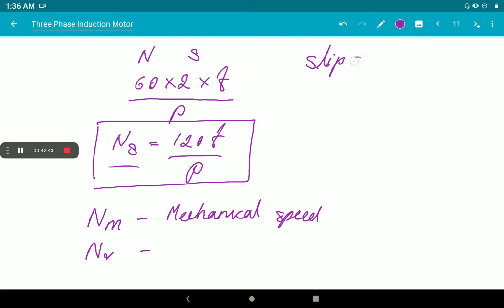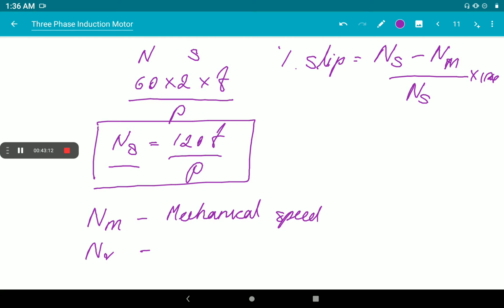That is represented as Ns minus Nm or Nr, divided by the synchronous speed. For percentage slip, multiply by 100. So percentage slip is synchronous speed minus rotor speed by synchronous speed.